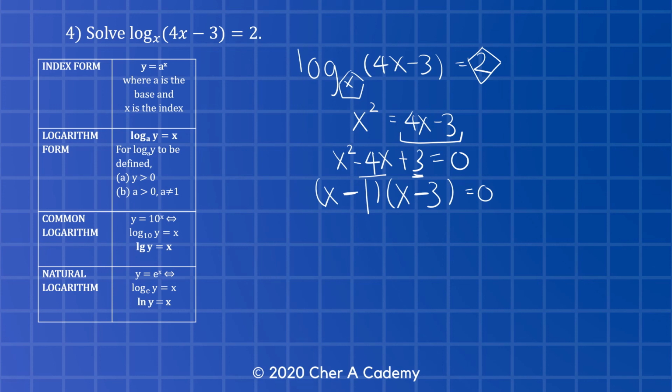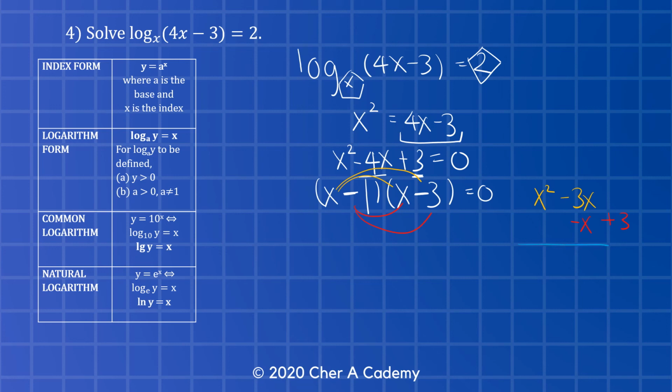So usually after I factorize my quadratic equation, I will do a quick check. So x times x gives me x squared. X times negative 3 gives me negative 3x. Negative 1 times x gives me negative x. Negative 1 times negative 3 gives me positive 3.